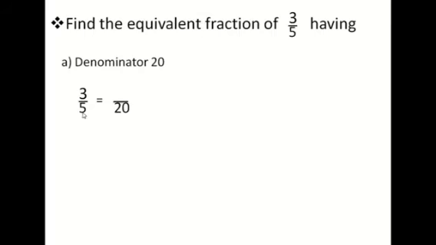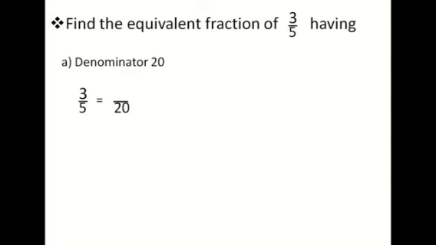So if you multiply 5 by 4, you will get 20. So you have to multiply the numerator also with the same number. Then the product will be the numerator for that equivalent fraction. So the rule says you have to multiply or divide the numerator and the denominator of the given fraction with the same number, then only you will get the equivalent fraction.